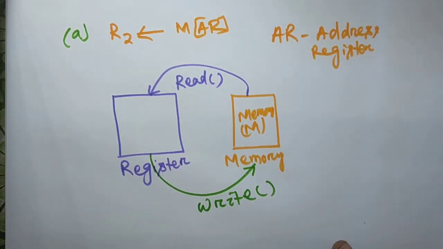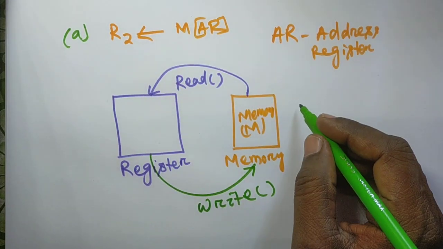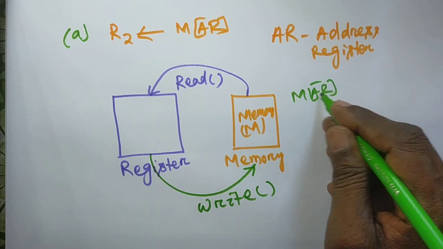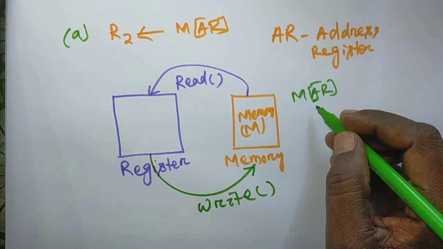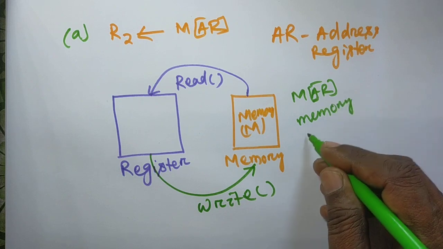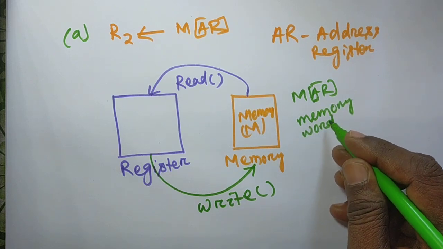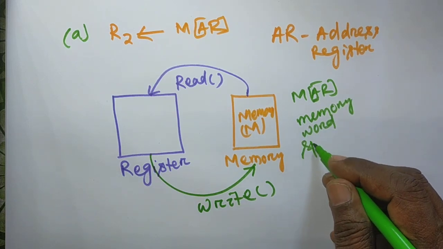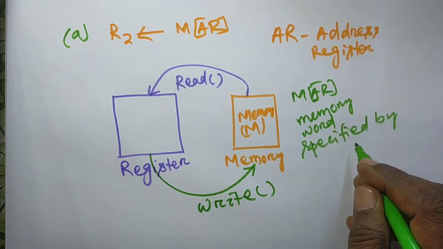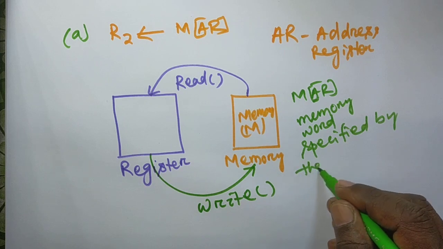It means like this. Okay, we can write it, suppose M[AR] means what? It means it is a memory word. Actually, we can call it a memory word, the memory word specified by the address.